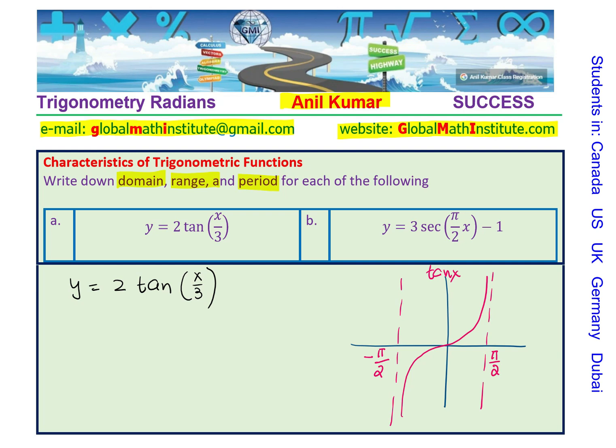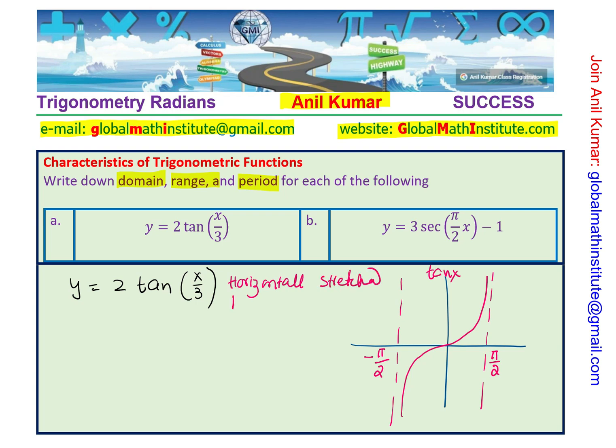Now, when you have tan x by 3, it really means what? It means horizontally stretched by a factor of 3. That means the asymptote positions get multiplied. Do you see that?